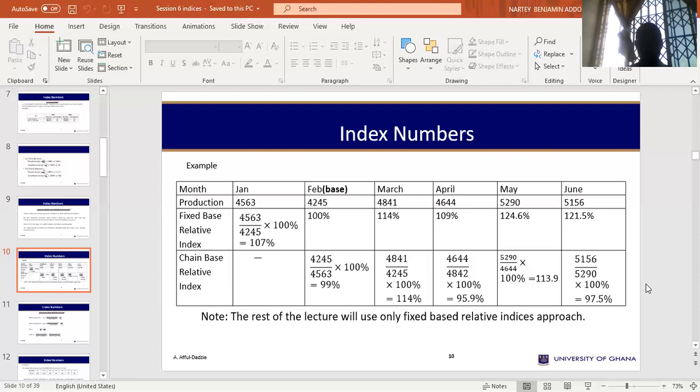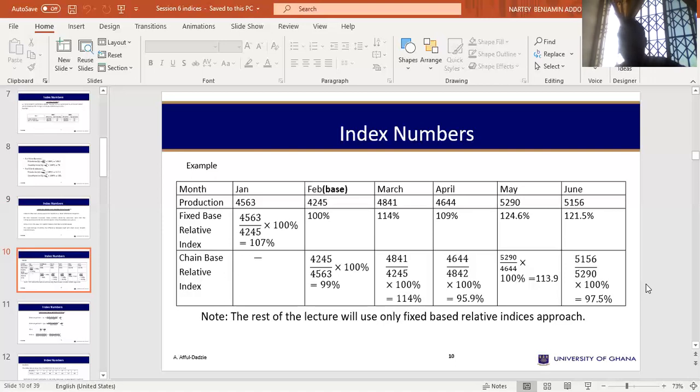So January gives us 107 and February 100. March will be 4841 over 4245, which gives us 114. April will be 4644 over 4245, which gives us 109. For May, 5290 over 4245. So for the fixed relative, we're dividing everything by the base.